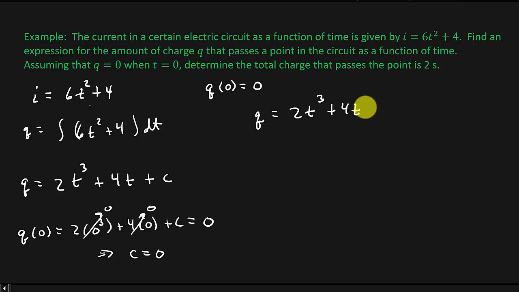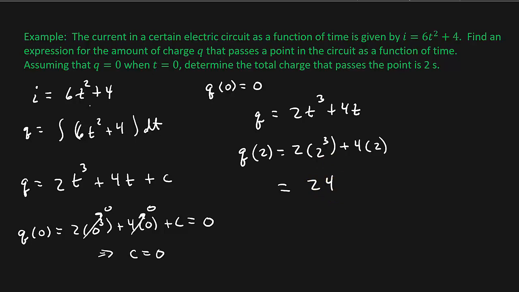All right. So what do they want us to find? Determine the total charge that passes the point in 2 seconds. All right, so Q of 2 is equal to 2 times 2 cubed plus 4 times 2. And that gives us, let's see, that's going to be 16 plus 8, which is 24.